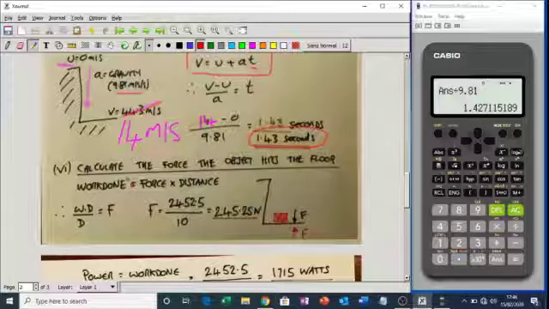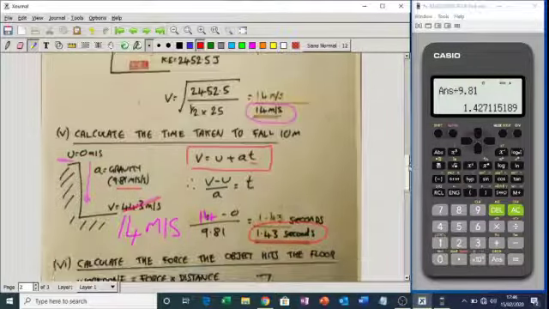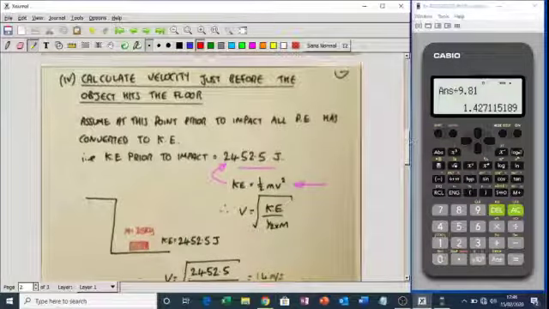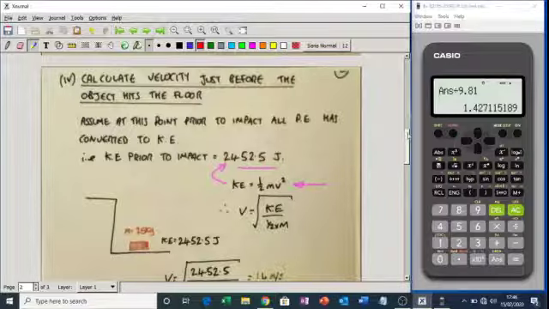So the work done is the kinetic energy, really. It's the energy that it hits the floor with, which we know is 2452.5. So the total energy it hits the floor with is 2452.5.